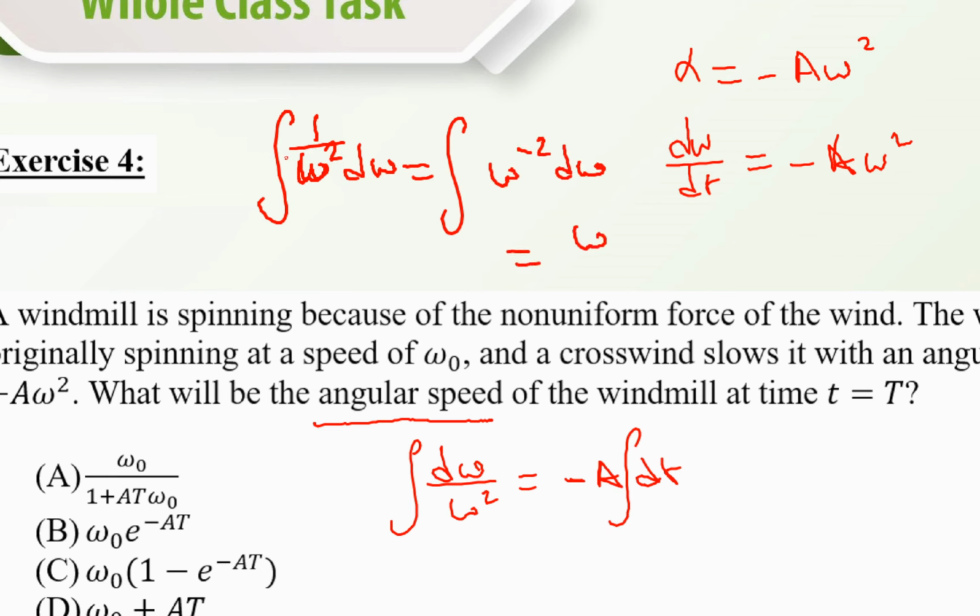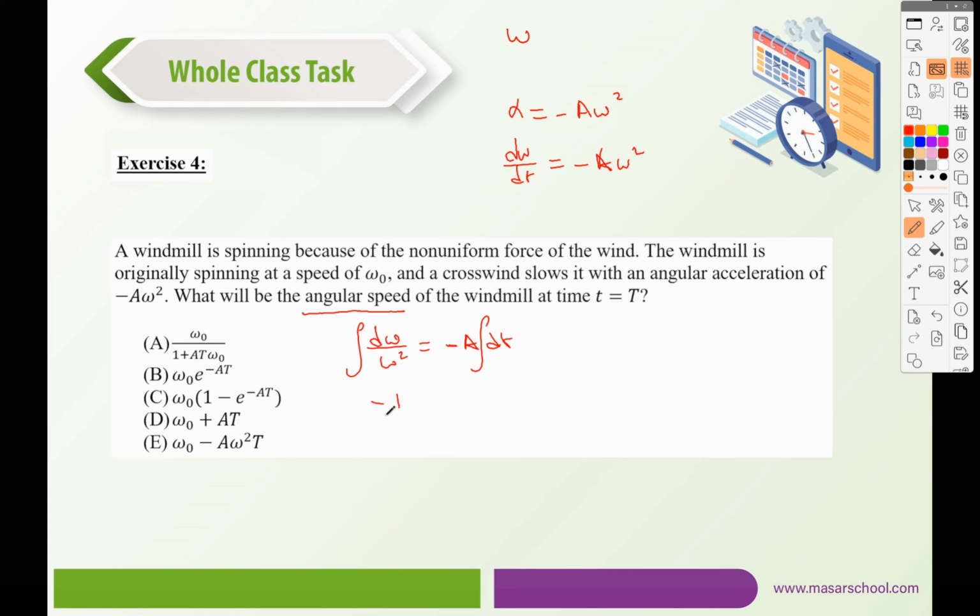Then we increase the power by 1, minus 2 plus 1, and we divide by the final power. So that would be omega to the minus 1 over minus 1, which is basically minus 1 over omega. And here I won't add the constant, I would add it on the right hand side, minus at plus a constant. And remember that we're interested in finding omega.